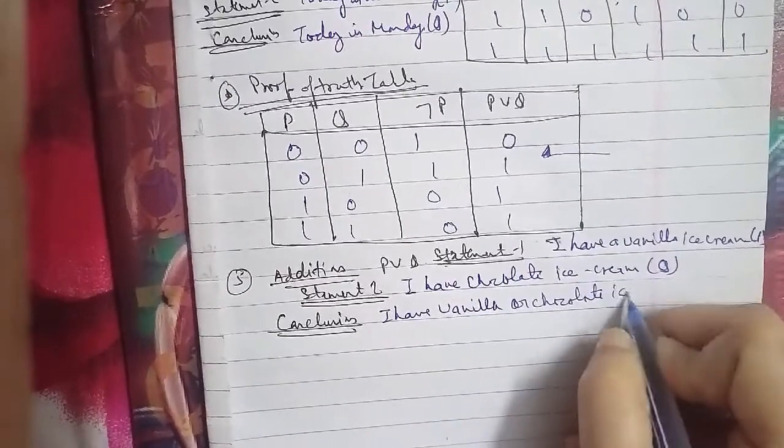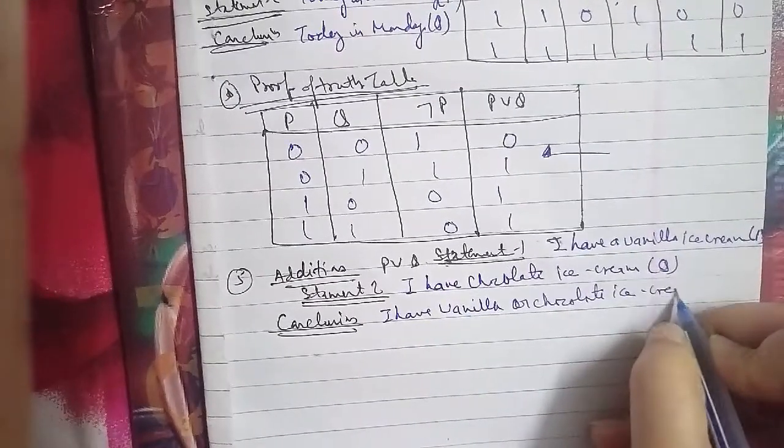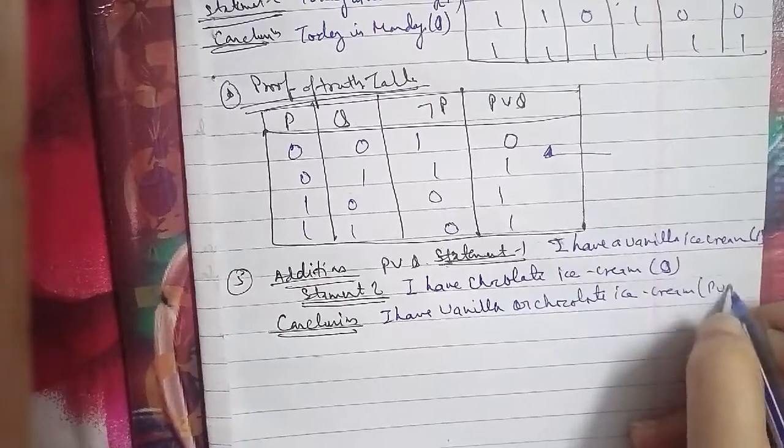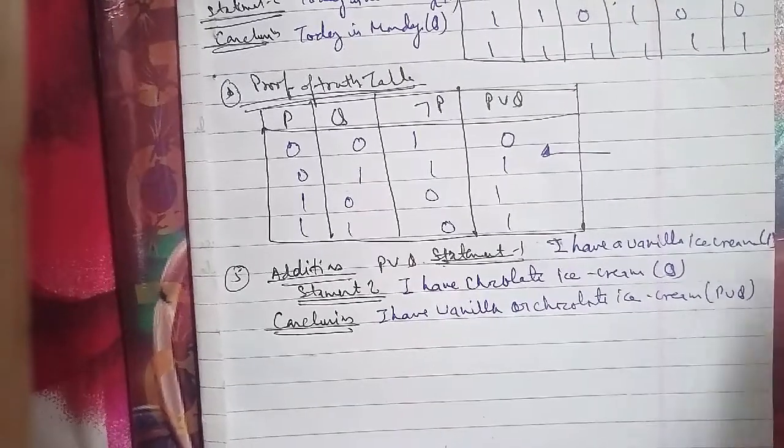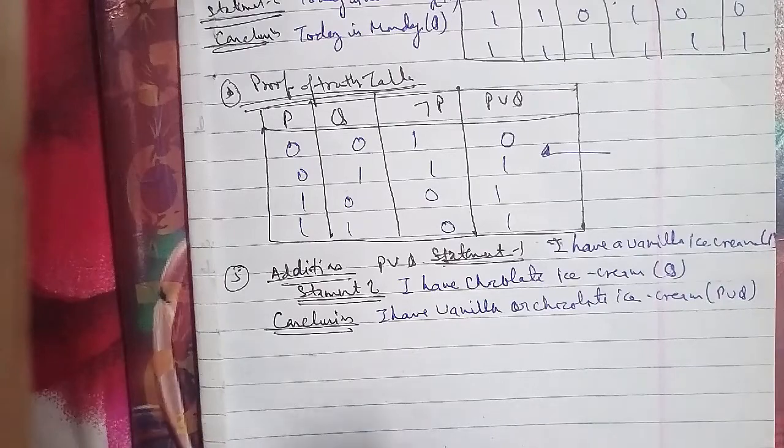If it is 1 1, then it is 1. And if it is 0 1, then of course it is 1, and if it is 1 1, then it will be 1.